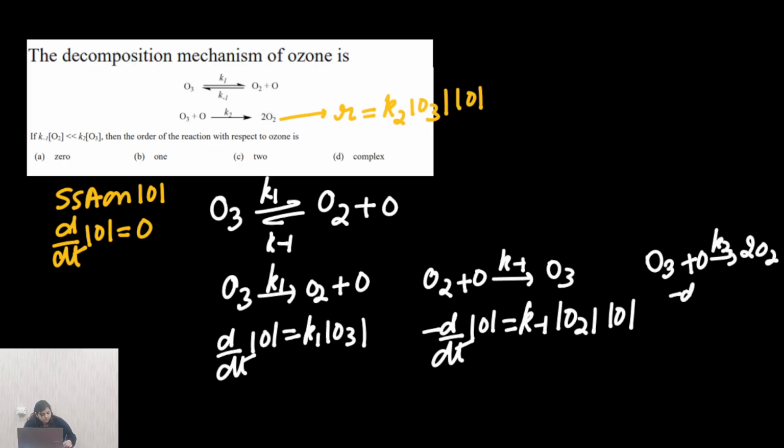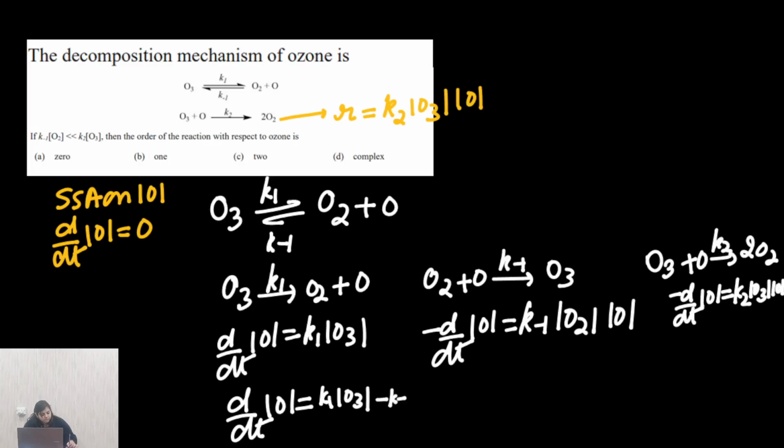So minus d by dt of O is equal to K2 times O3 into O, right? So from this we can combine and get d by dt of O. This is equal to K1 times O3 minus K inverse O2 into O minus K2 times O3 into O. This is equal to 0, right?